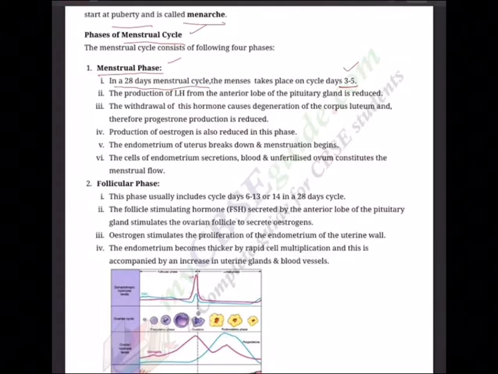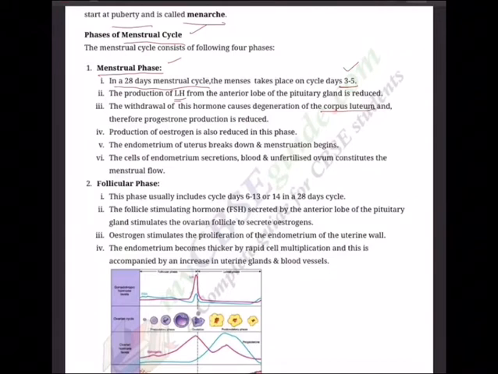And the production of luteinizing hormone, LH, from the anterior lobe of the pituitary gland is reduced. So the first sign is reduction in LH. The withdrawal of this hormone causes degeneration of the corpus luteum.